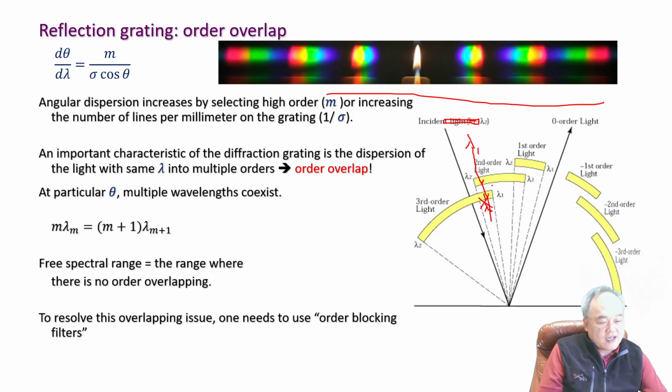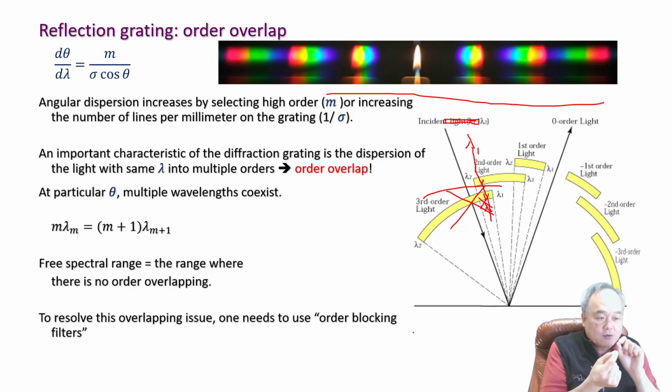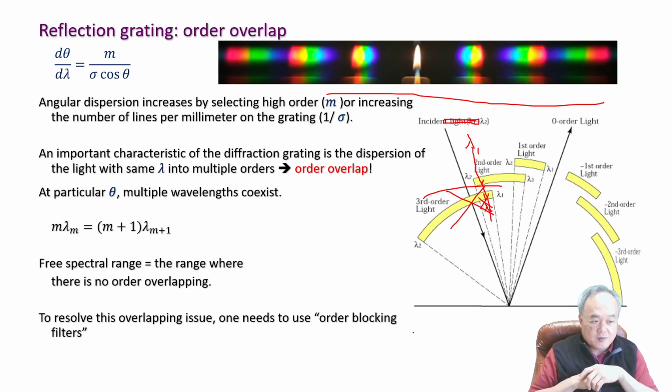That way you can effectively screen out one of the orders at that particular angle. This is known as the order blocking filter, so that only one wavelength of photons is recorded on a given screen or detector. The details of using these order blocking filters can be revisited in the second video.